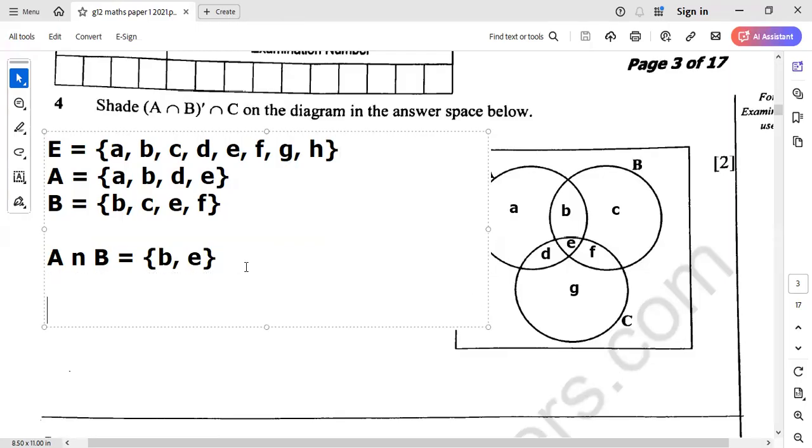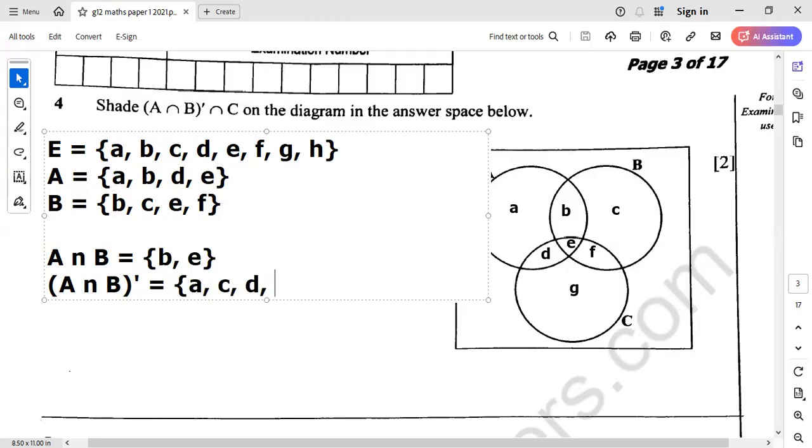What we shall now remain with is the complement: a, c, d, f, g, h. That's the complement. Then we are finding the intersection with C.